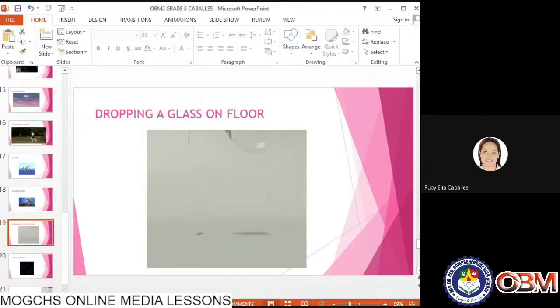We have another example, dropping a glass on the floor. What happens when we accidentally drop a glass on the floor? Initially, at the highest point, it possesses potential energy only. But as the gravity works and the speed is accelerated, the mass of the glass and velocity become responsible for the gradual increase in the kinetic energy.